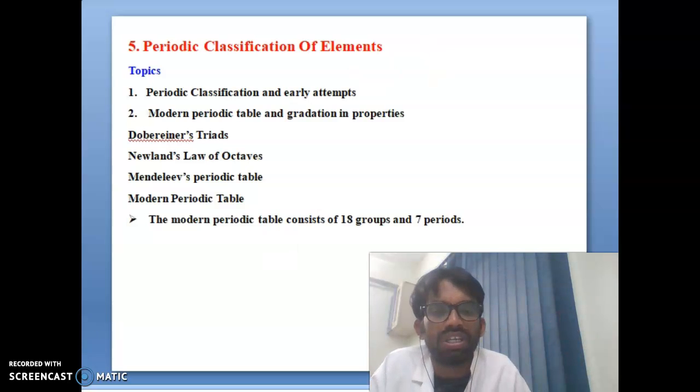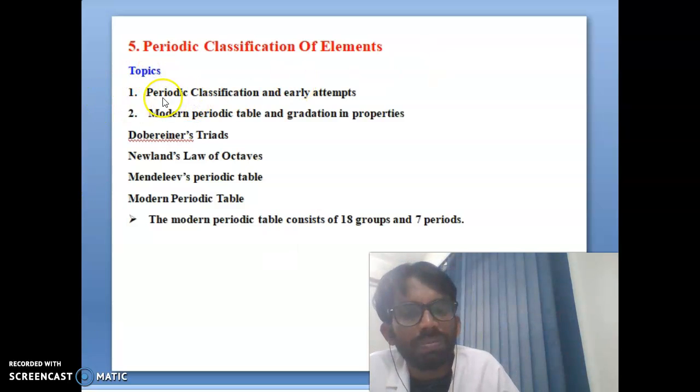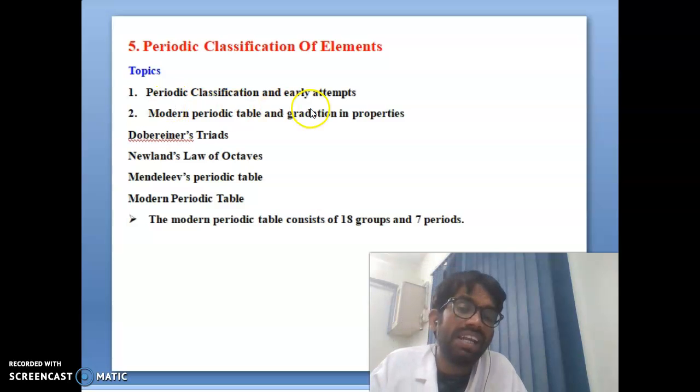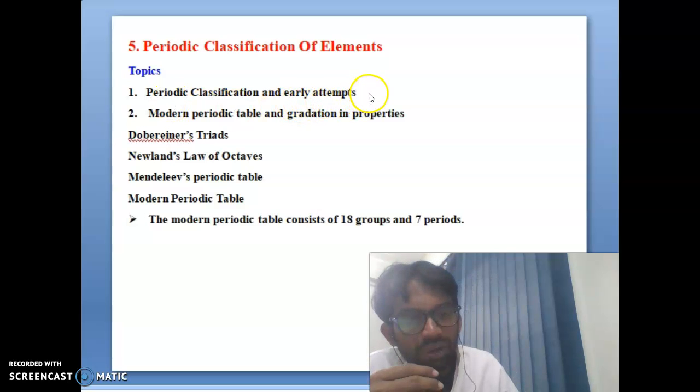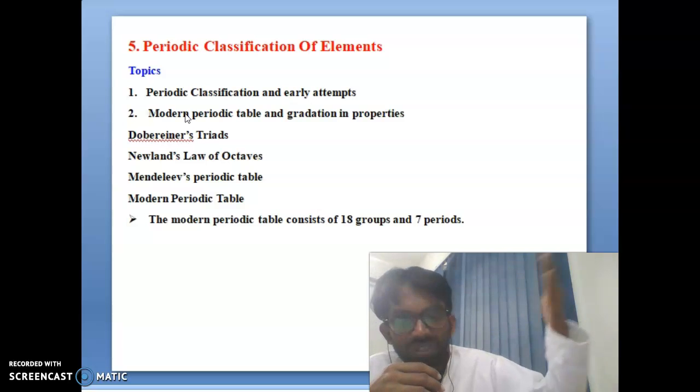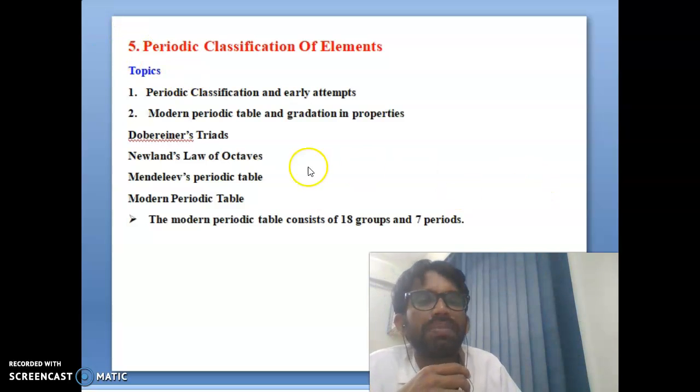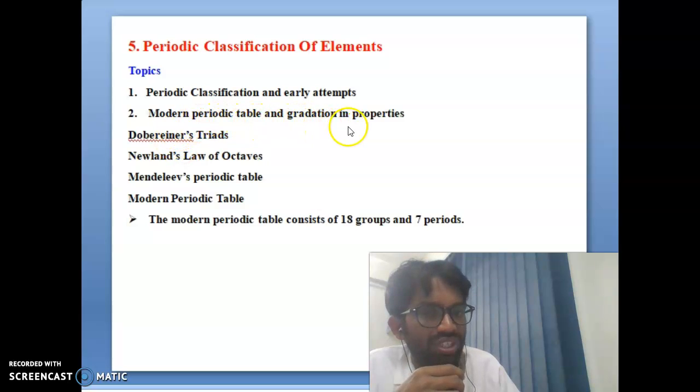Here you can see early attempts and how the periodic table changed from olden days to now: Dobereiner's triads, Newlands' law of octaves, Mendeleev's periodic table, the modern periodic table and gradation in properties. These are the changes that happened.